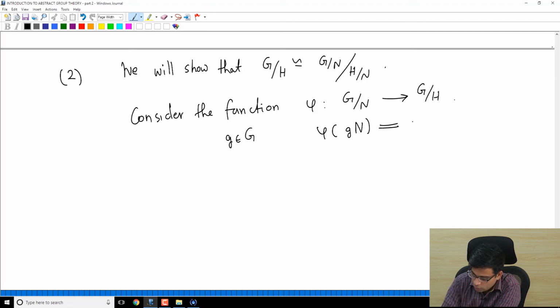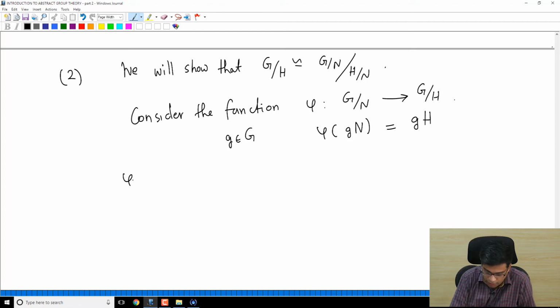I'll map it to gH. Okay, so this is the map. gN goes to gH. Certainly gH is an element of G mod H, because it's a coset of capital H in capital G.